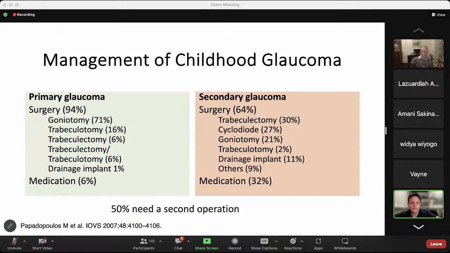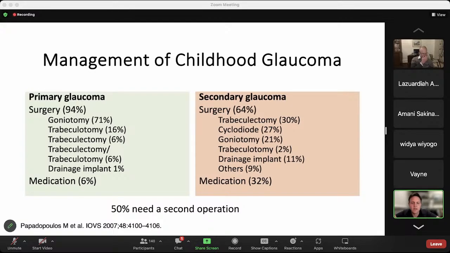Secondary glaucoma is a different bag. It's a very mixed bag of eyes as well, and for that reason, there are various different surgeries that have been described, including trabeculectomy, cyclodiode therapy, repeat goniotomies and trabeculotomies. Glaucoma drainage devices are much more common in secondary glaucomas, particularly those after cataract surgery, where other treatments tend to fail.